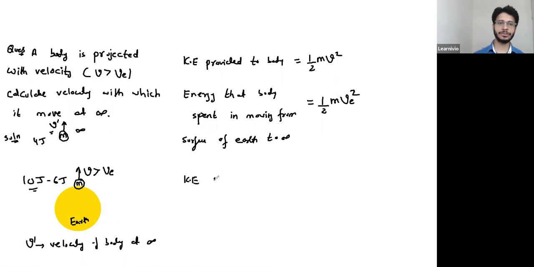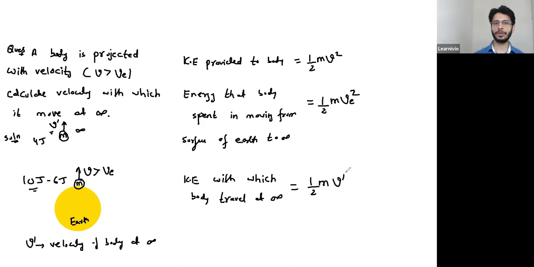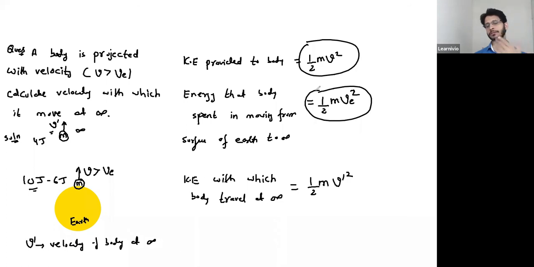The kinetic energy with which the body travels at infinity is half m v prime square. So this is the total energy that you provided to the body, half m v square.